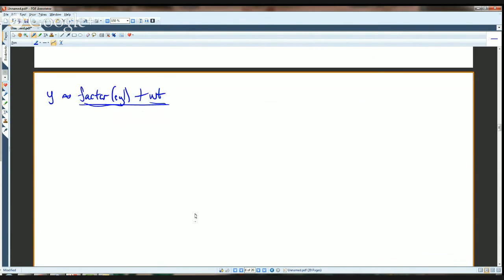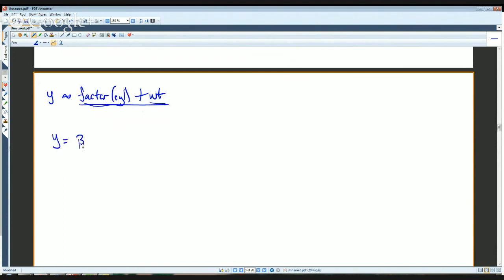Okay. So you fit a model where it says the expected value of y is equal to beta naught plus factor 1 equal 1 times x, beta 1, plus beta 2 times factor equals 0 times x.